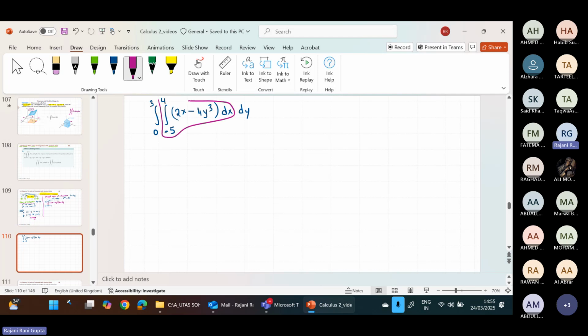Okay, so when you are evaluating, we will solve this integral. So let's write it down. Integral from -5 to 4 of 2x minus 4y cube dx. Can you tell me we are integrating with respect to which variable and which variable to keep constant?